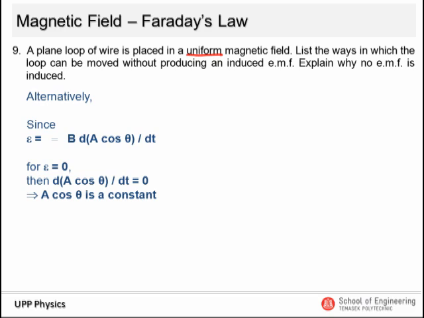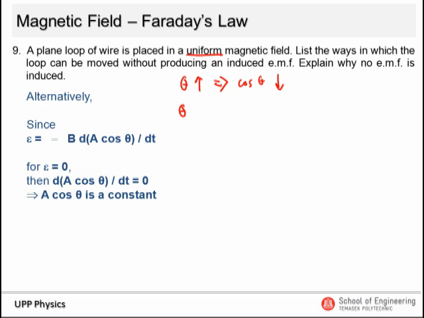But we cannot let the angle theta be constant and the area A be constant again, because that is already the first way we will move the loop. Therefore, this time, the second method, we will have to vary the angle theta and the value of A. So, if let's say the angle theta increases, this will imply cosine theta will decrease.